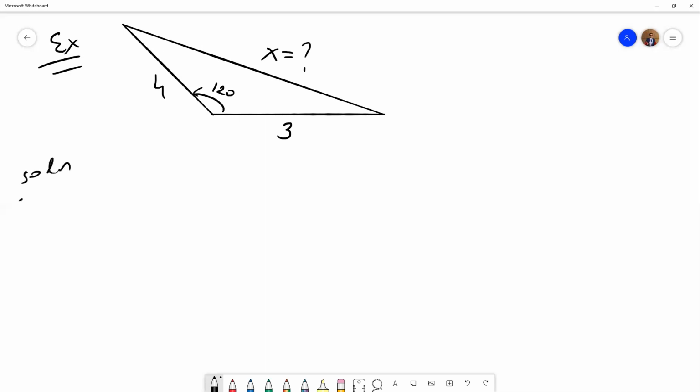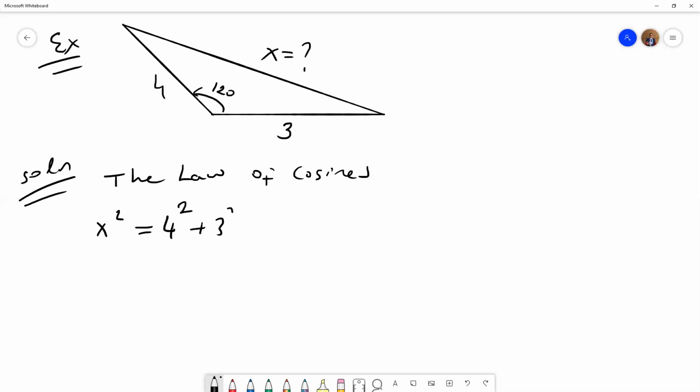For the solution, we can use the law of cosines. So x squared is equal to 4 squared plus 3 squared minus 2 times 4 times 3 times cosine 120.